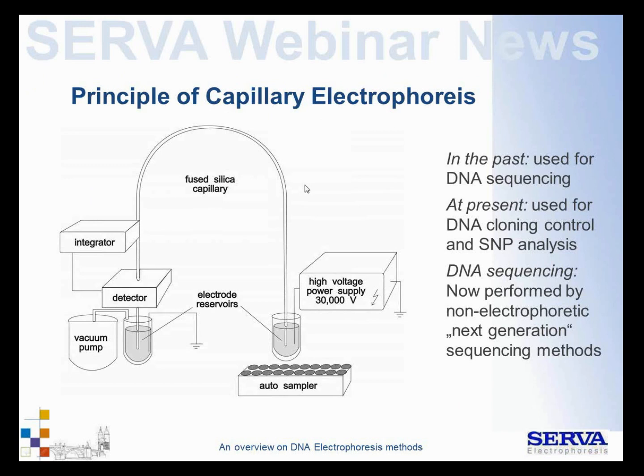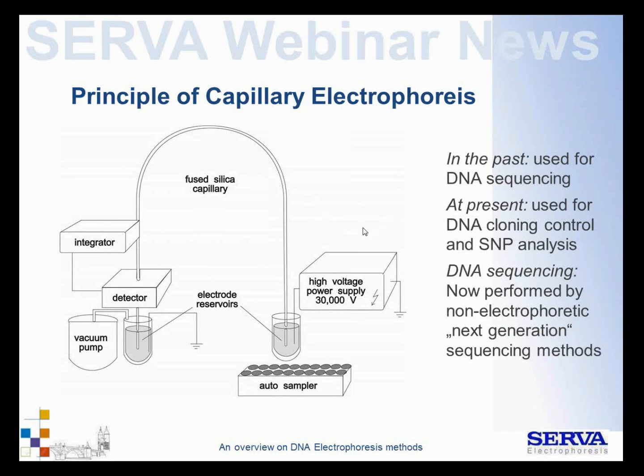So the biggest machines were running 386 capillaries and reactions at the same time, and so the human genome, for instance, was determined with such a multi-capillary electrophoresis system.